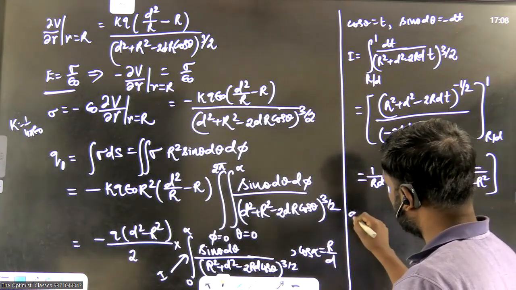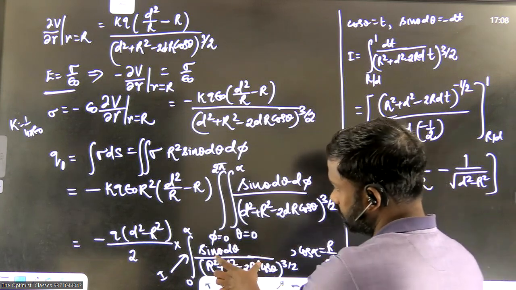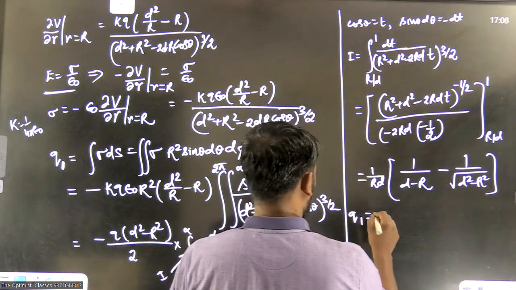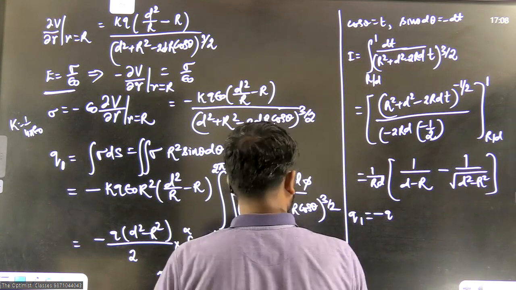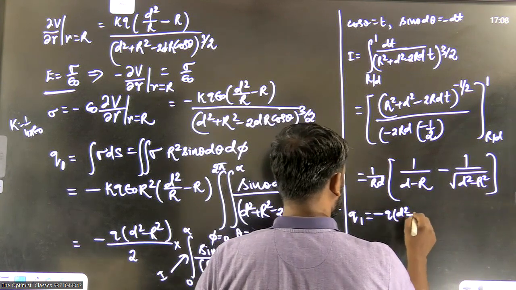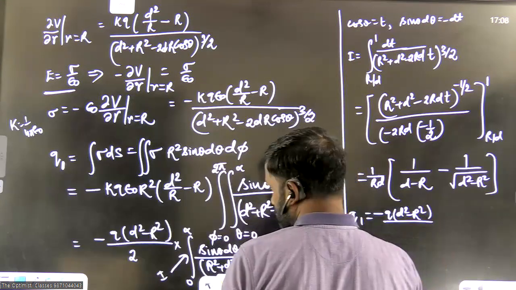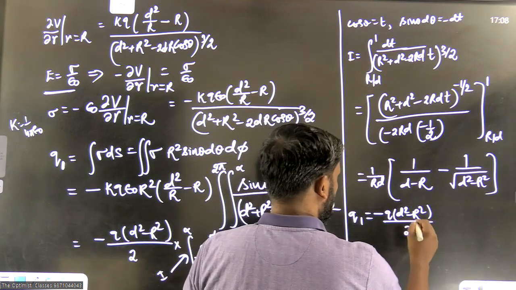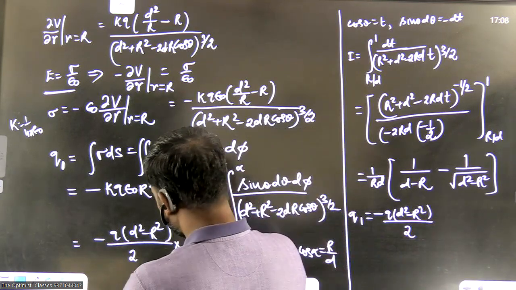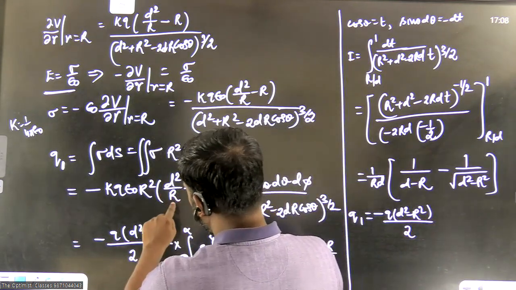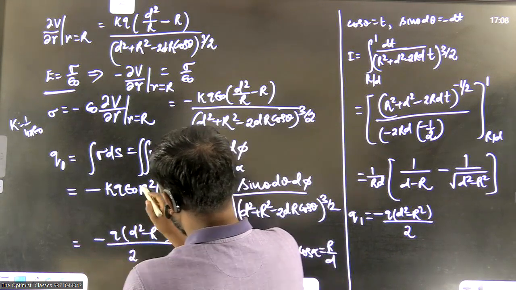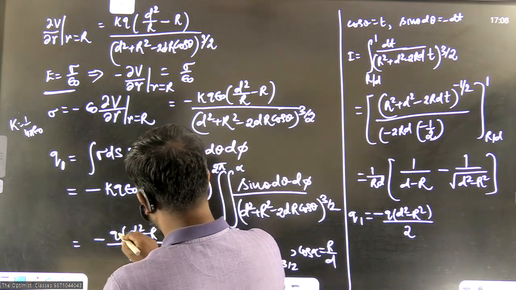So finally we are going to get Q1 equal to minus q, and there is a factor of d square minus r square, divided by 2. Now, the 1 by r we had cancelled here, so 1 by r was left actually. So there will be a factor of r also.